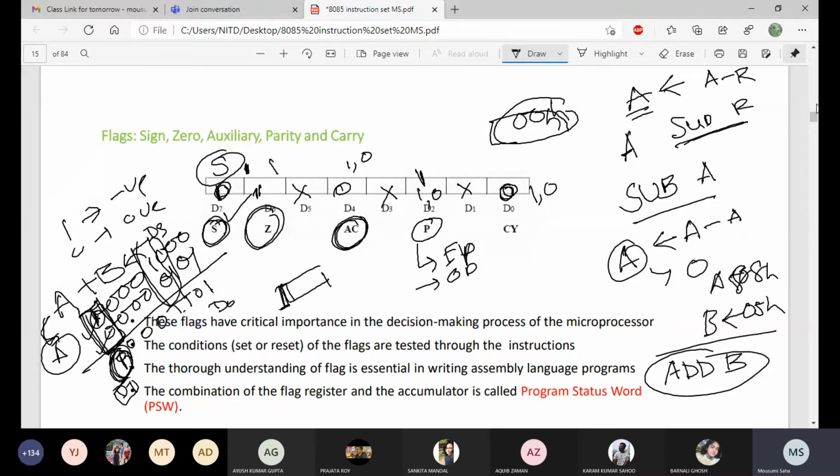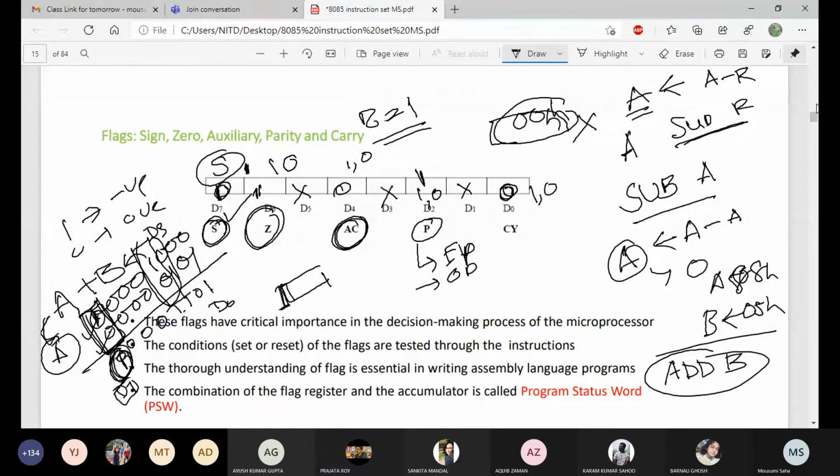If not 0, it will be 0. That means when Z flag equals 1, it means your result is 0. It gives the status of the result. That means yes, your result is 0, and at that moment the Z flag will be 1.